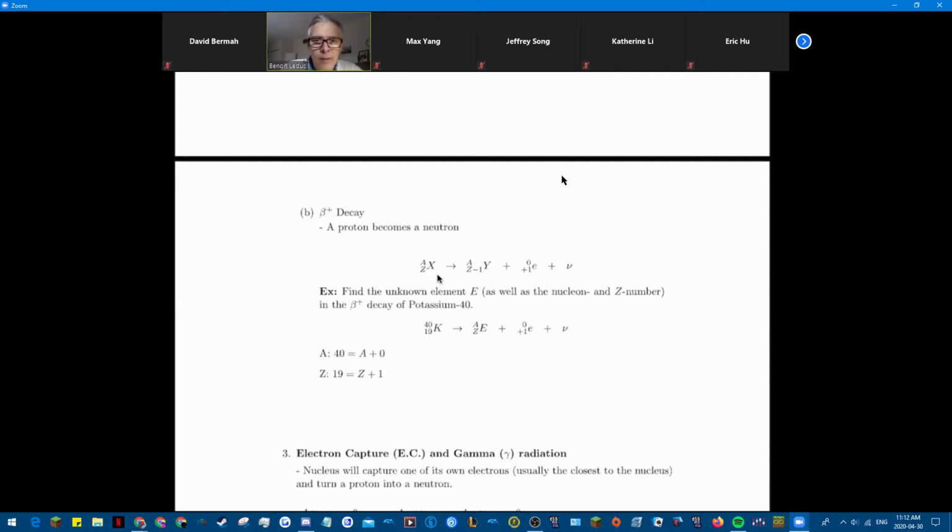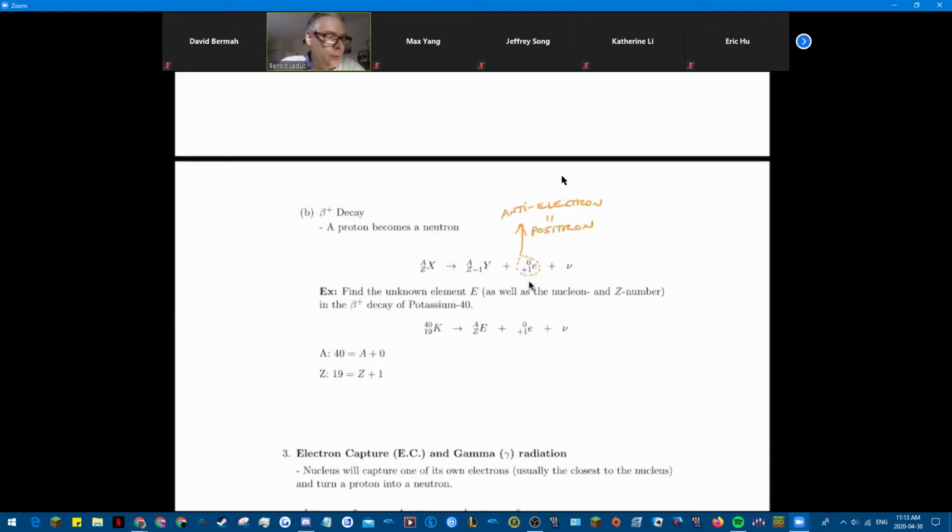So what we have here is called an anti-electron. It's an electron, same properties as an electron, but instead of having a negative charge, it has a positive charge. This is also called a positron.